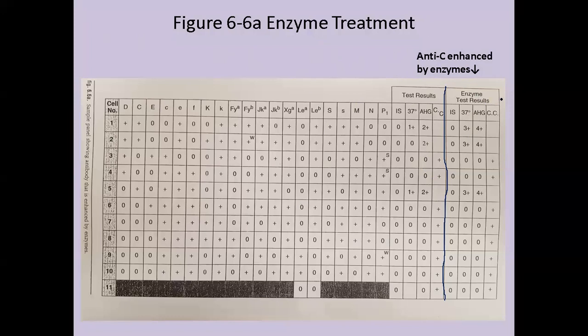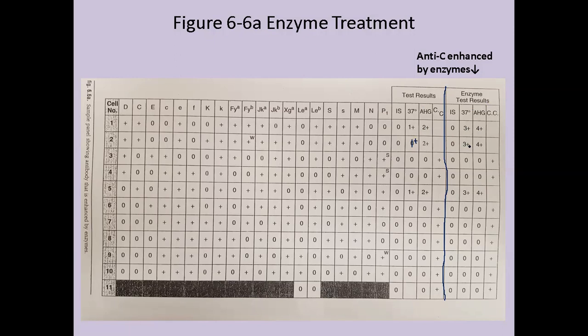this time using enzyme treated cells, and so let's see what happened. Okay, so our initial results was cell 1, we had 1+ and 2+, and now with the repeat testing with the red cells that were treated with ficin or papain, we now see what happened. The 1+ went to a 3+, this 2+ went to a 4+. This is supposed to be 1+ here too, it's a typo.